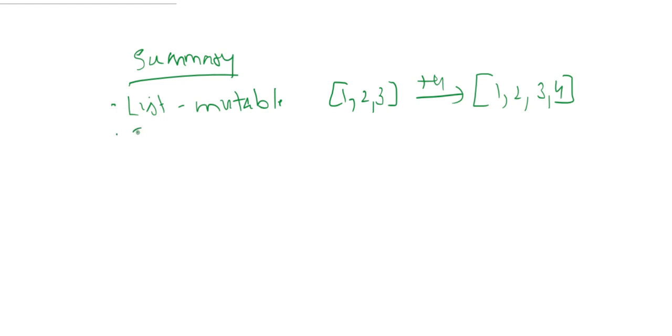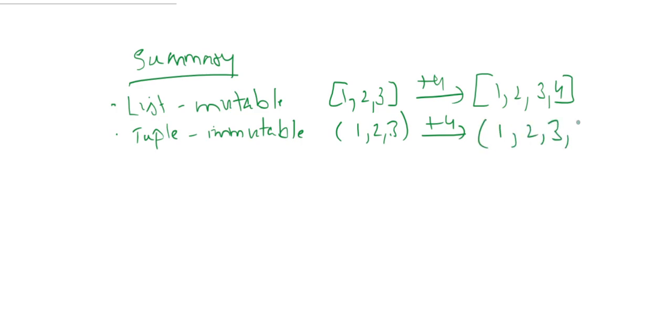Second, we have discussed that tuple is immutable. Okay. So suppose we define a tuple with three elements, 1, 2, 3 in the beginning, and we want to add a new element, say 4, to this tuple, so this is not possible.